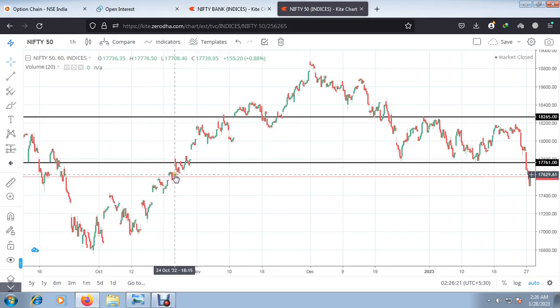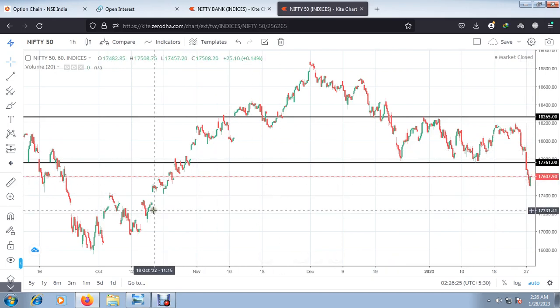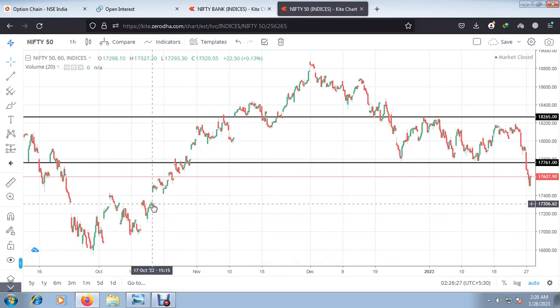Here one small gap was there between 17580 and 17630. This gap got filled here today. The next gap is coming here, somewhere around here.